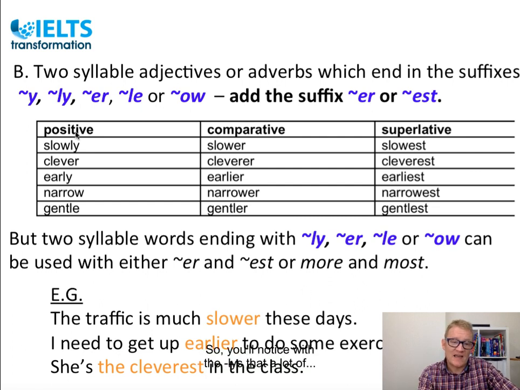So you'll notice that there's quite a few with LY. But if they're 2 syllable words ending in LY, ER, LE or OW, they can be used with either ER or EST or more or most.